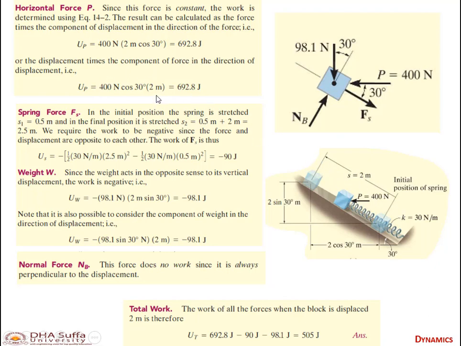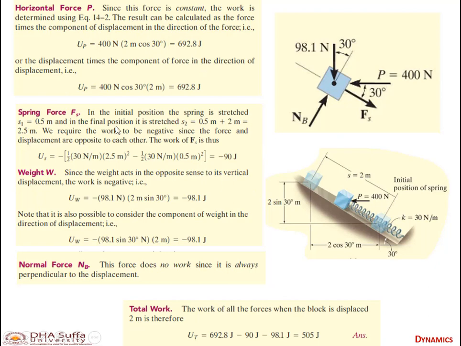That doesn't make any difference, right? That's the easier, intuitive way to calculate. So 400 is the force, 2 is the displacement, and cos 30 comes from the angle. It comes out to be 692.8 joules. This is the work done by the horizontal force.